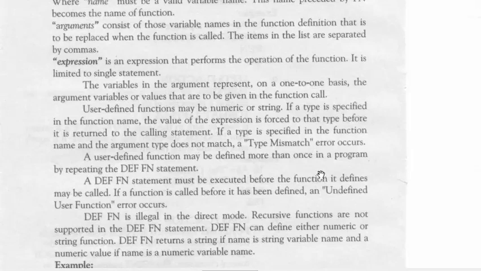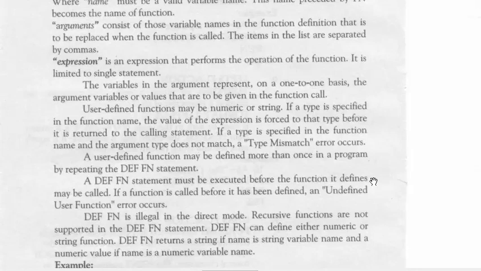A DEF FN statement must be executed before the function it defines may be called. If a function is called before it has been defined, an undefined user function error occurs. It is written that you have to define the function first before calling it. If you call it first and define it later, it will show you an undefined user function error.